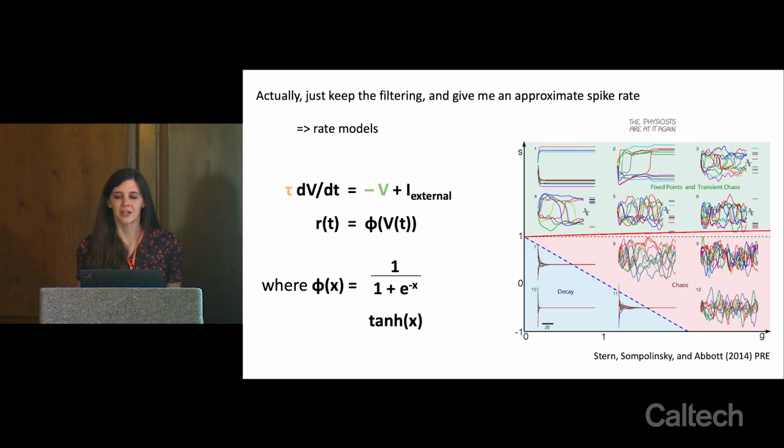Your question was, we're calling I external a single thing, but a cell in the brain is receiving lots of inputs, so how do you deal with that? Yeah, I should have had a slide on this. If you had a network of neurons, then you would have a matrix of synaptic weights between every possible pair of neurons, which would tell you how strongly each neuron activates each other.